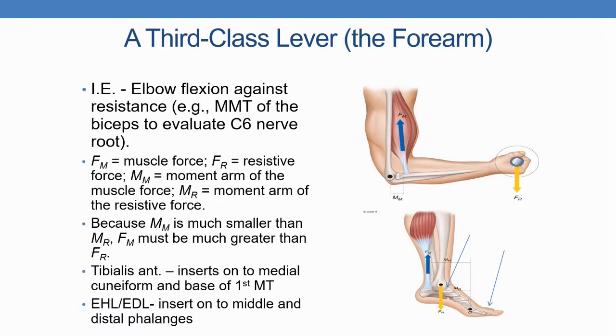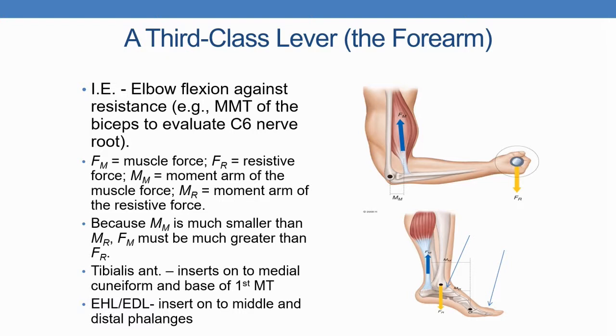With a third-class lever, the moment arm of the applied muscle force, which I'm outlining here with my computer mouse, the moment arm through which the bicep muscle acts is much smaller than the moment arm through which the resistance force acts. So therefore the bicep muscle is at a tremendous mechanical disadvantage in this situation.